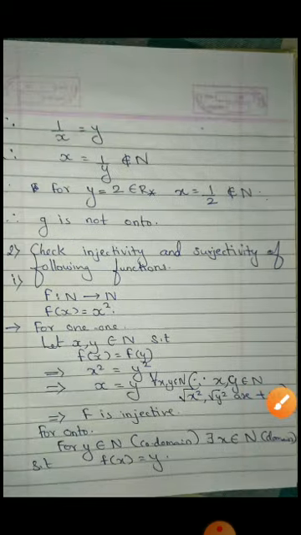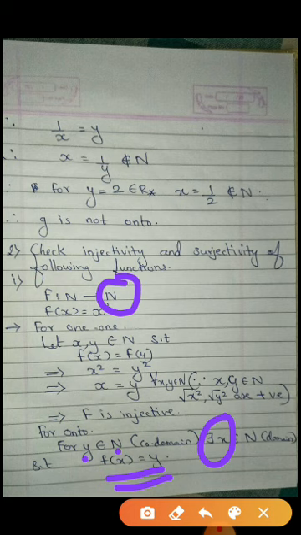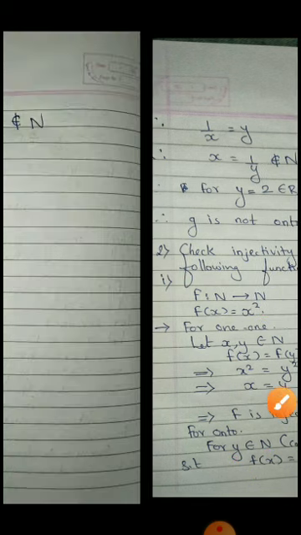Is that clear? Now for onto, I have to take any element of my codomain, that is y. I have to check the existence of x such that f of x equal to y is satisfied. So I'll get x square equal to y. So my x is root y. But what was my domain?